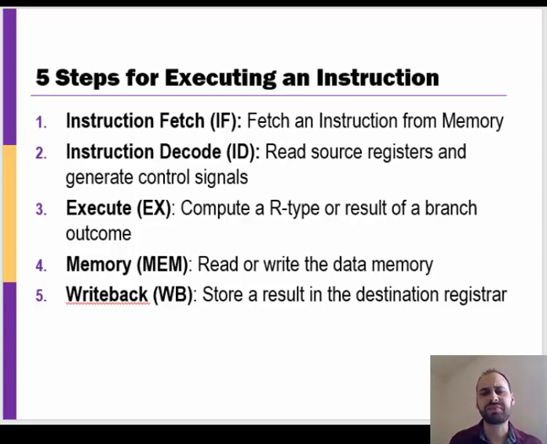All right, but before we do that, let's look at each stage in isolation. We've got these 5 stages: instruction fetch, instruction decode, execute, memory, and the write back stage. Sometimes they are shortened to a small number of letters: IF for instruction fetch, ID for instruction decode, EX for execute, MEM for memory, and WB for write back.